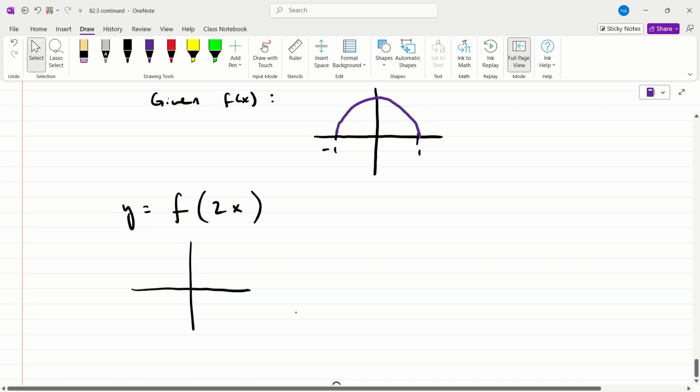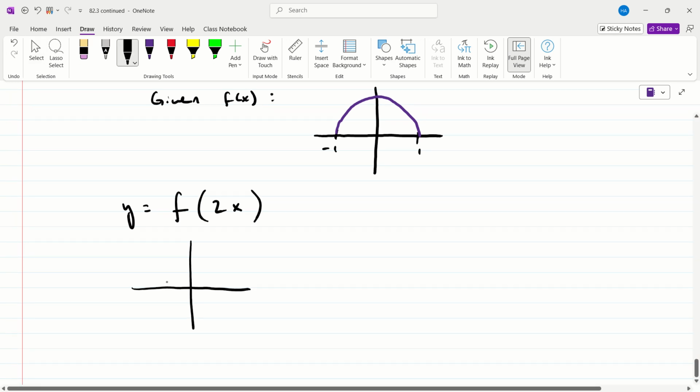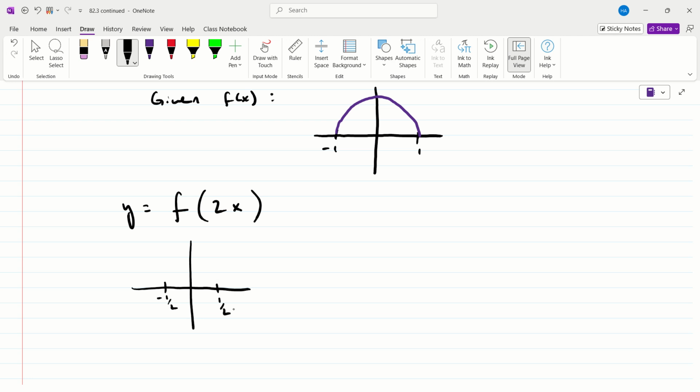So instead of going as far low and as far high as -1 and 1, it's going to compress it to -1/2 and 1/2. So imagine that you take this graph and you come in from the left and you come in from the right and squeeze it.